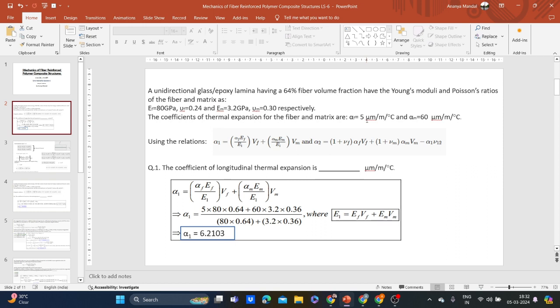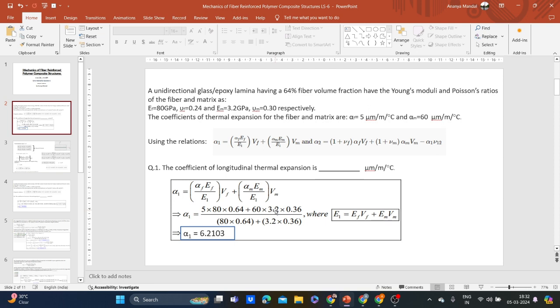You have to put that in this equation and see. If this first term gets lesser, then the whole value won't become minus after solving, because the values of alpha fiber and matrix can't decide the alpha value of the final composite. You have to put it in this equation and then you will find out.